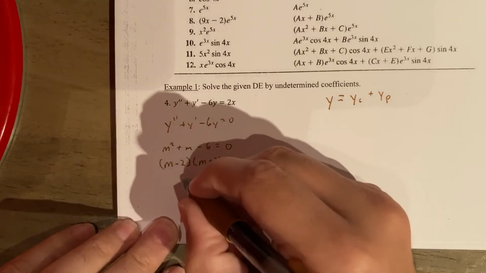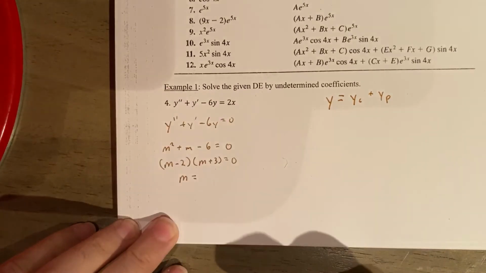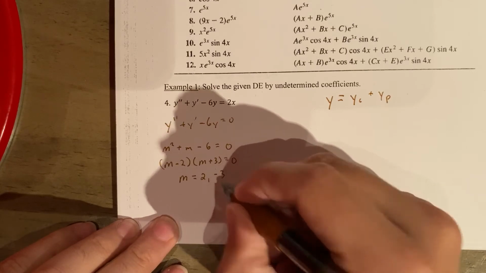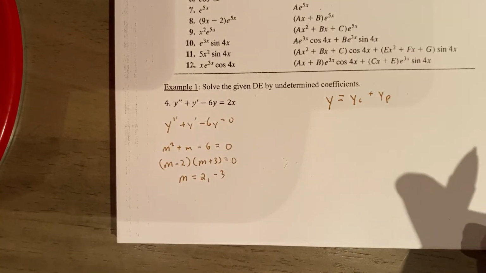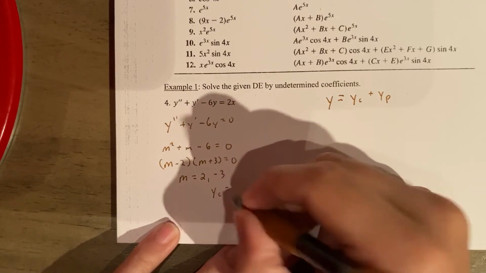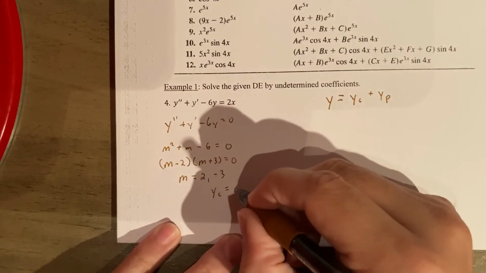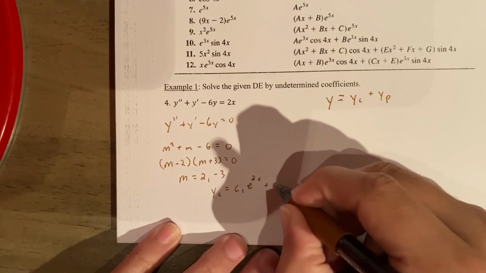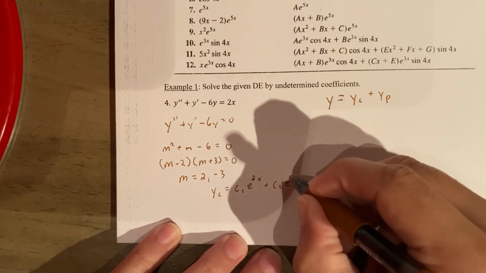Set that equal to 0. So our m's are going to be m equals 2 and negative 3. So then our complementary y sub c is just going to be c sub 1 e to the 2x plus c sub 2 e to the negative 3x.